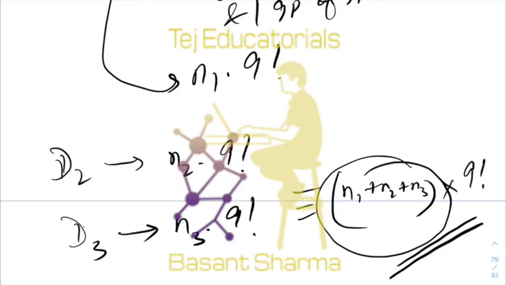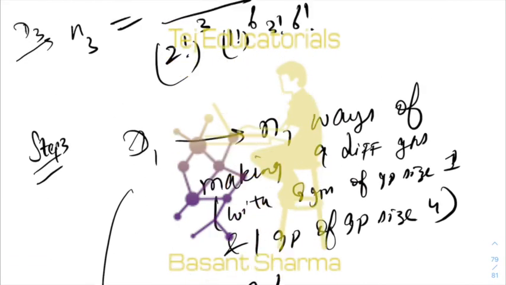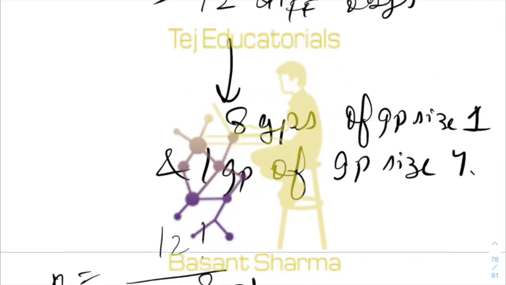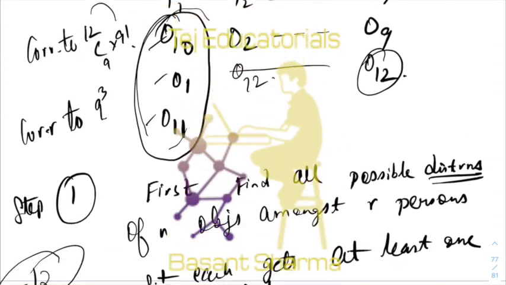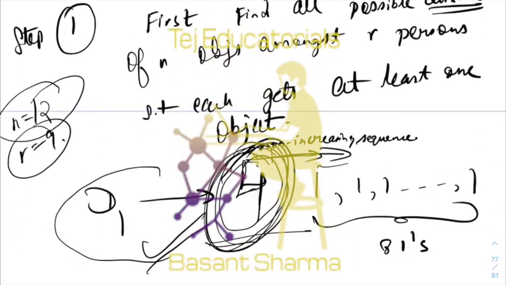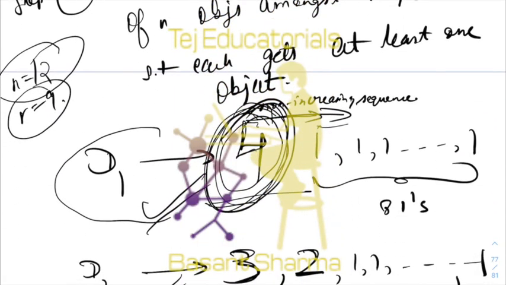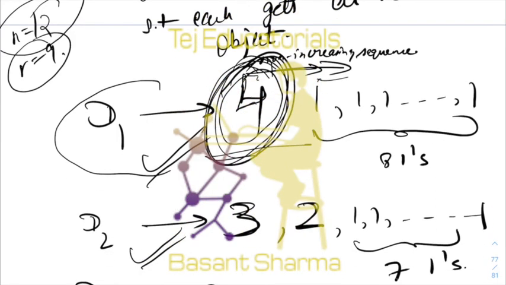Okay, so just to recap, what we are doing is, in the first step, we find out in how many ways the distributions can occur. Four objects to 1 person and the remaining 8 persons will get 1 object each.